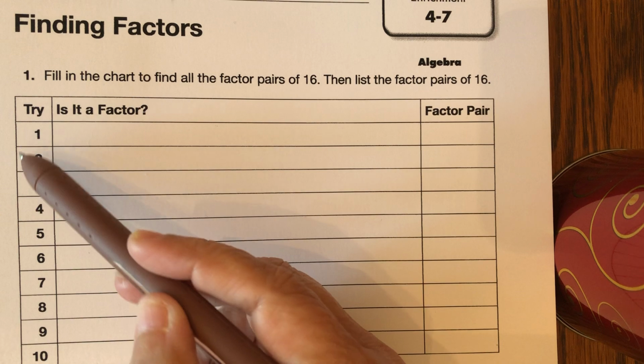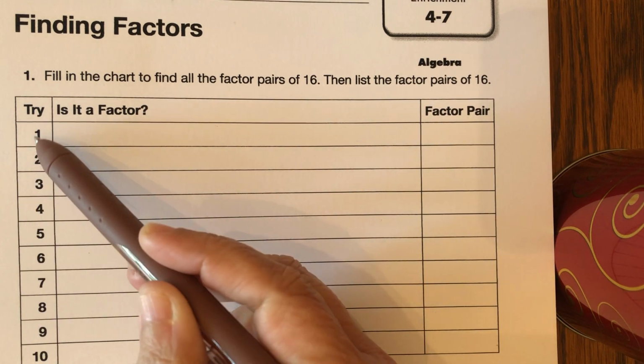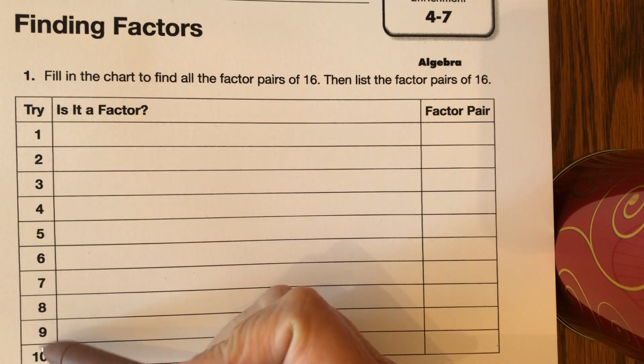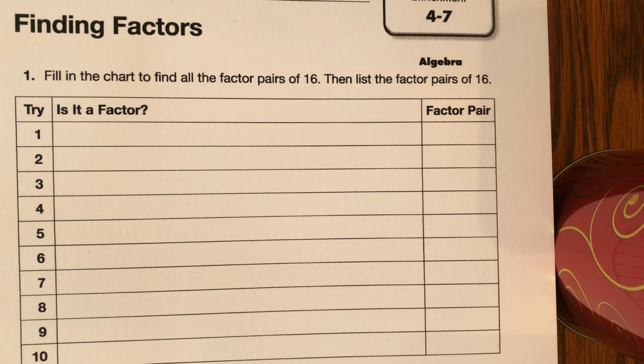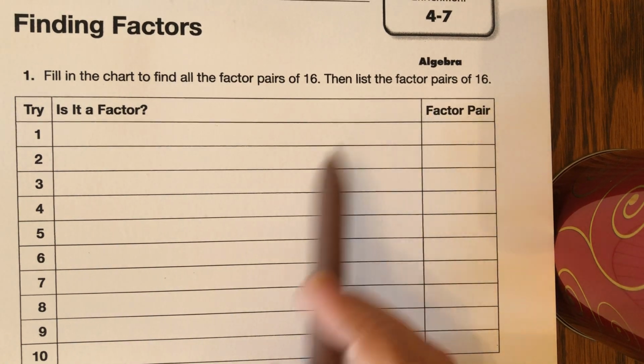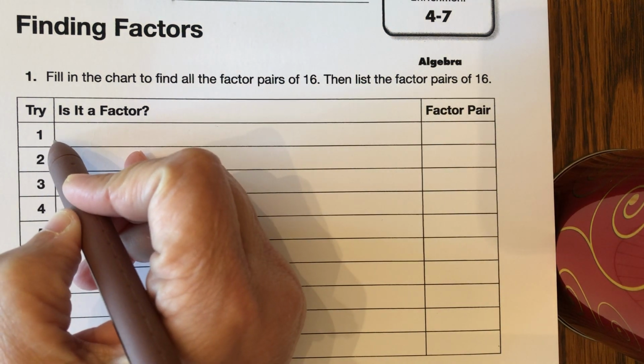And we have a number of things we're going to try. These are going to be different multiples or different factors we're going to use. We are going to find the multiples of 16. So we're going to start with 1.